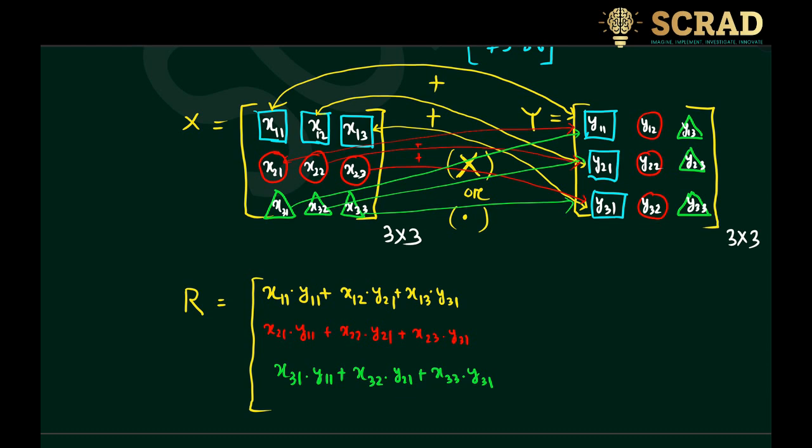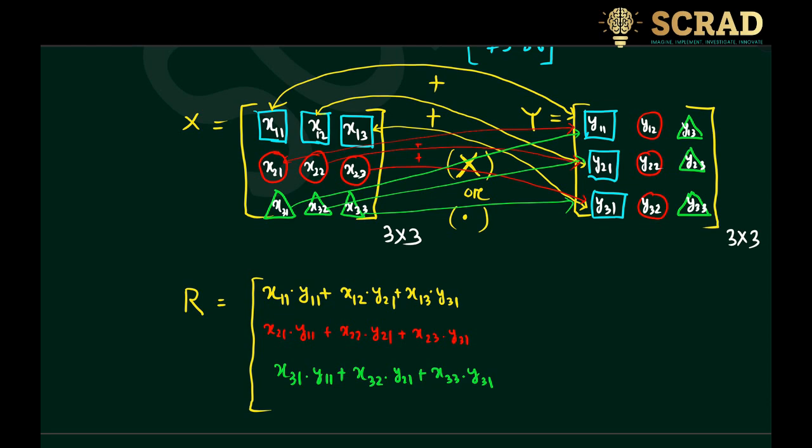So I hope you understand how we are performing matrix multiplication element-wise, or how we are multiplying elements of one matrix with another matrix. These are the first column elements of the resultant matrix.